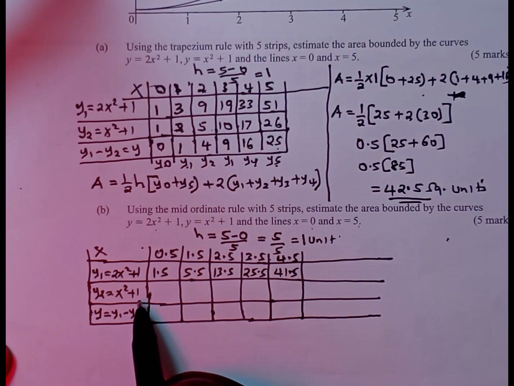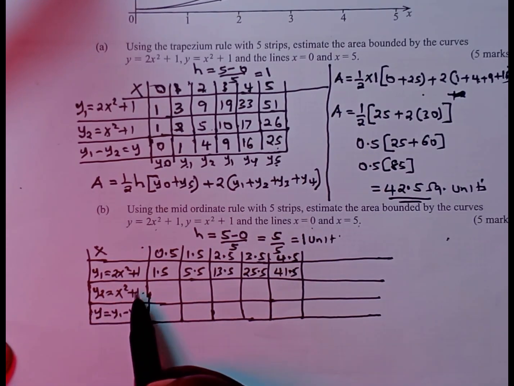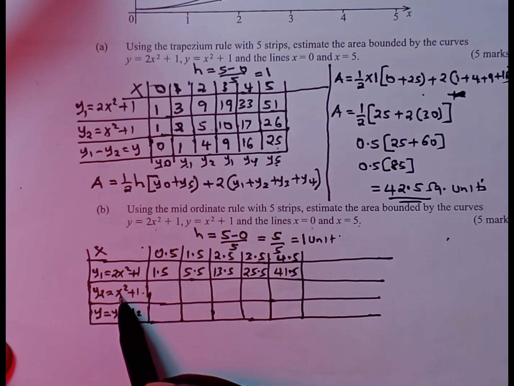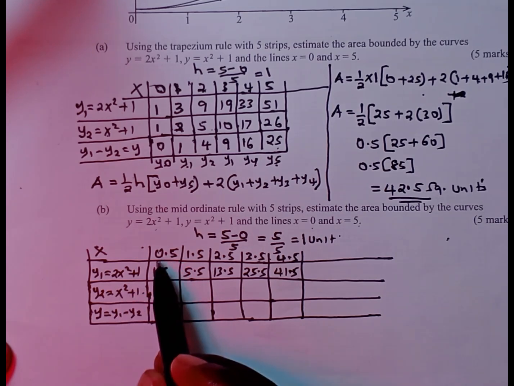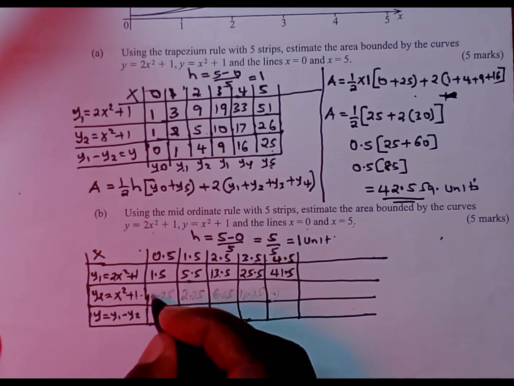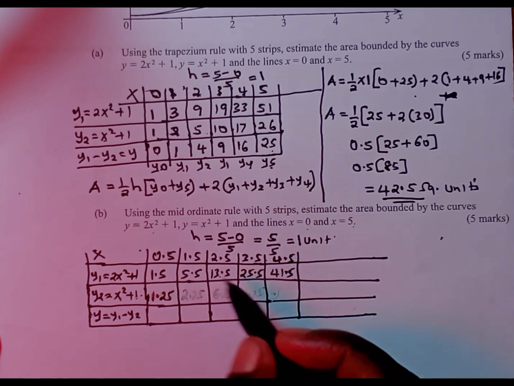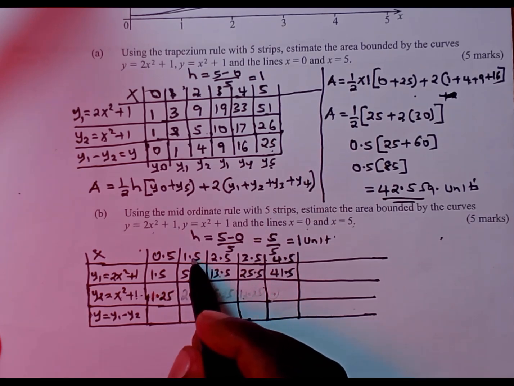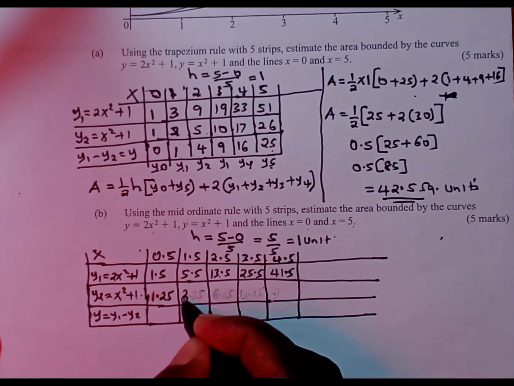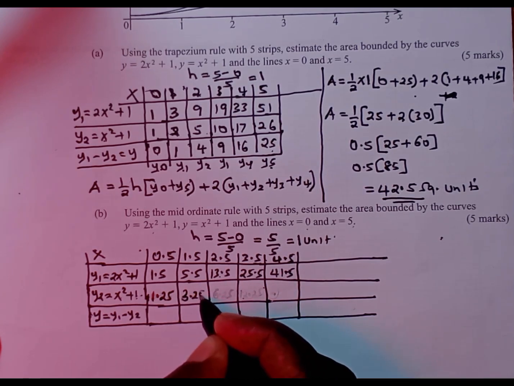We have again x squared plus 1 for y2. When you place back the value of x into this equation, we are going to have 0.5 squared plus 1, giving us 1.25, and then 1.5 you square, you add 1, you get 3.25.